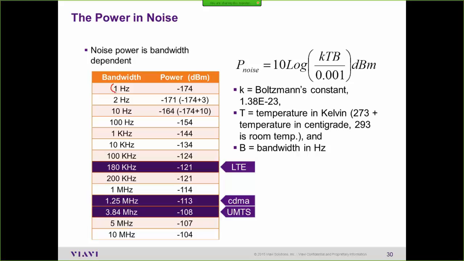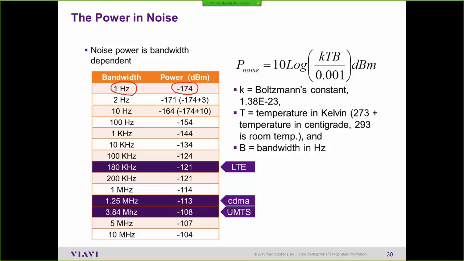If you do the calculations for the noise, that means there's about -113 dBm of power in just the noise. So the receiver, looking out over the air, is always going to see at least that much noise over that bandwidth.